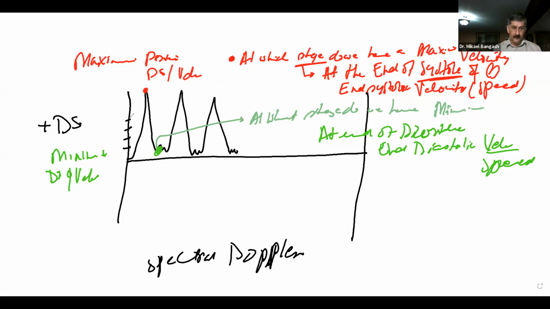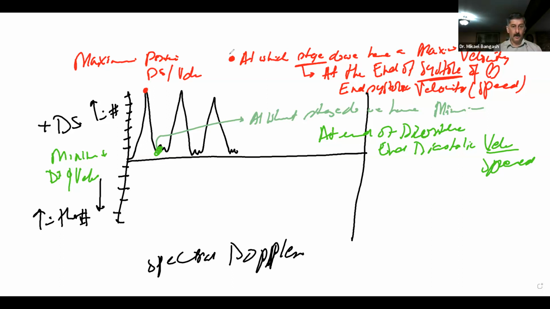There's a mini graph where as we go up like this, there's going to be an increase in the number. Similarly, ladies, as we go down here, there'll be an increase in the number.